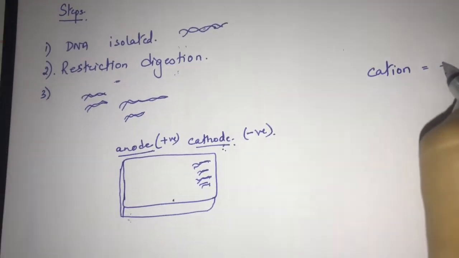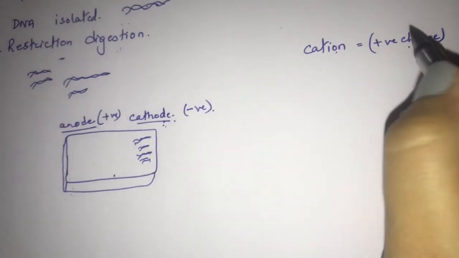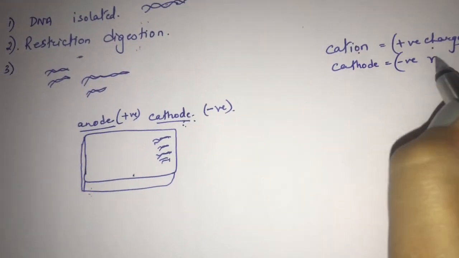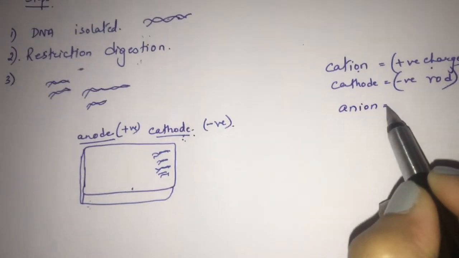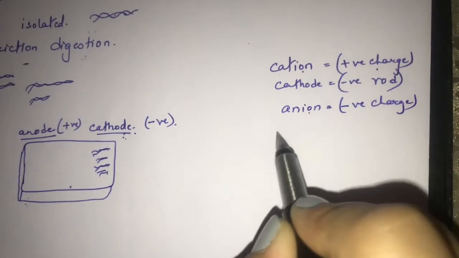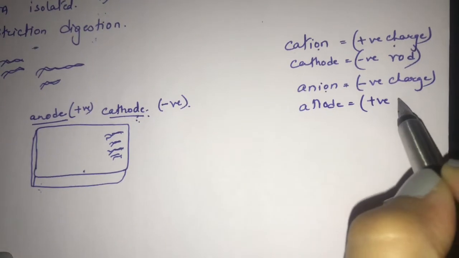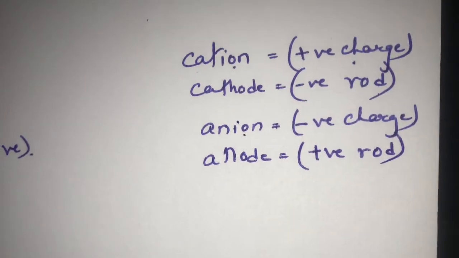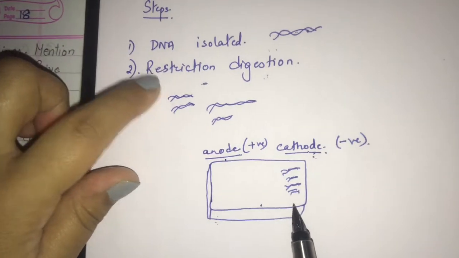A cation is a positively charged ion, but the cathode is a negatively charged rod, that is an electrode. Similarly, an anion is a negatively charged ion, but the anode is a positively charged rod, an electrode.